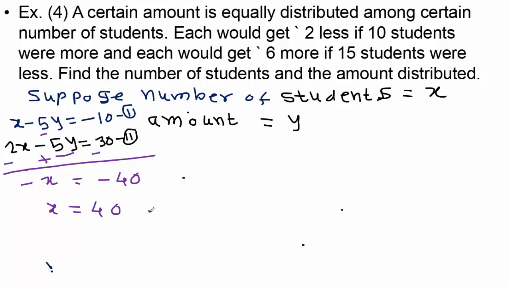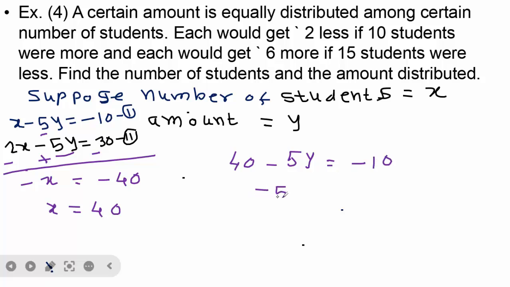And if I put this value in any one of the equations, I shall put it in the first equation, suppose 40 minus 5 into y equal to minus 10. Therefore, minus 5y equal to minus 10 minus 40, that becomes minus 50.